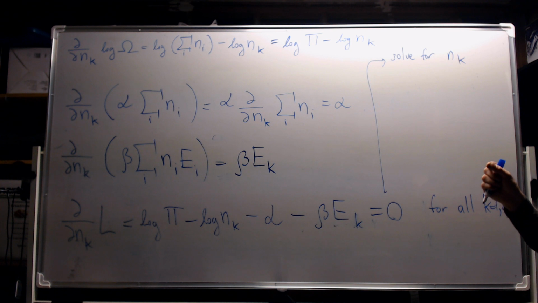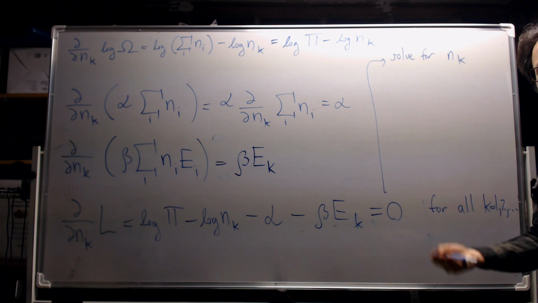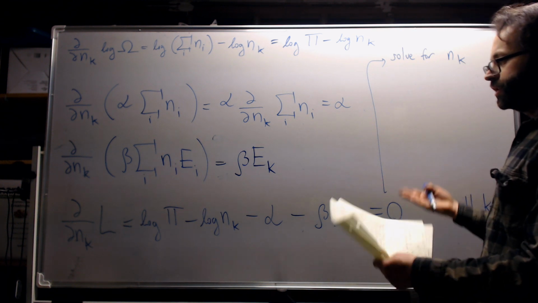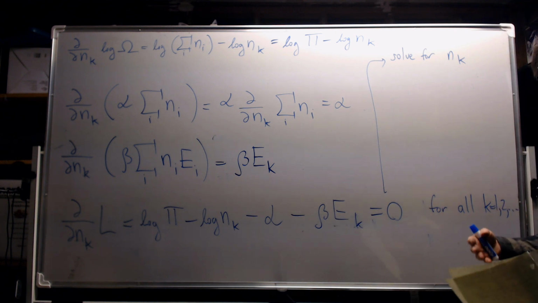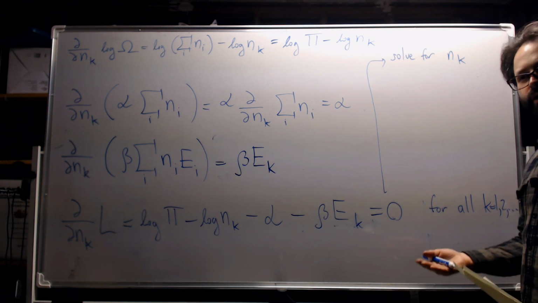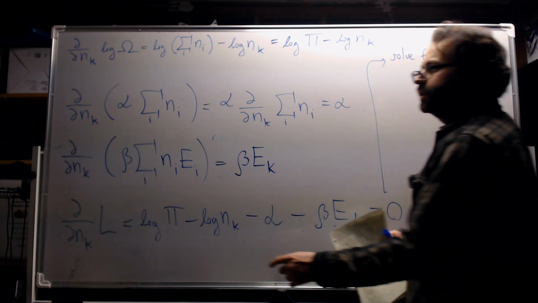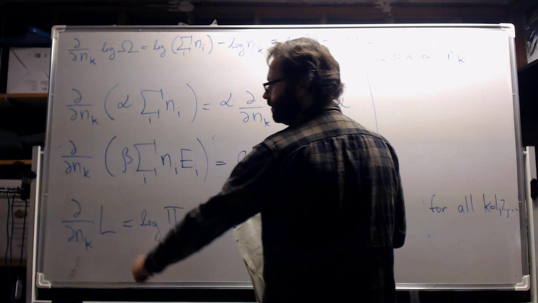This is that specific number of systems in the ensemble in microstate k that occurs when the dominant distribution takes place. And the reason why it's associated with the dominant distribution is because we said it corresponds to the constrained maximum of log of omega. And that's what we found. We found the constrained maximum of log of omega, or the unconstrained maximum of this modified Lagrange function.